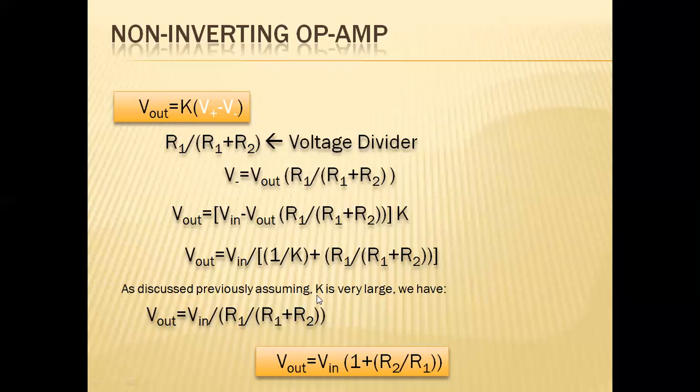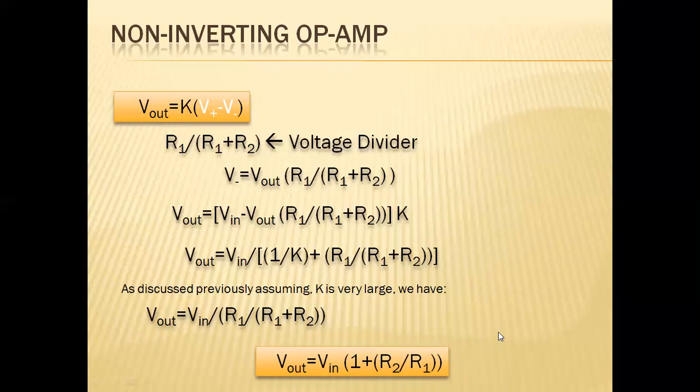Considering the K value as very high, the voltage output is equal to the input, taking R1 as a common factor, times 1 plus R2 by R1.